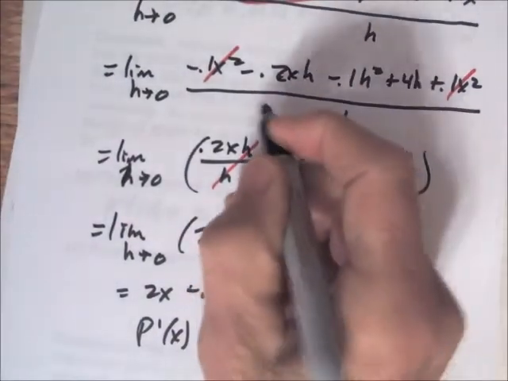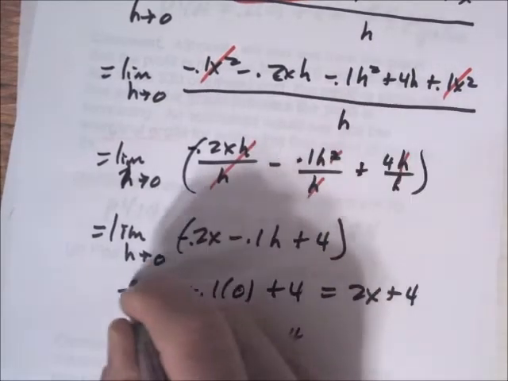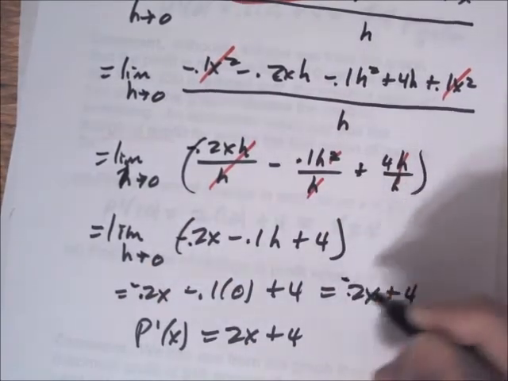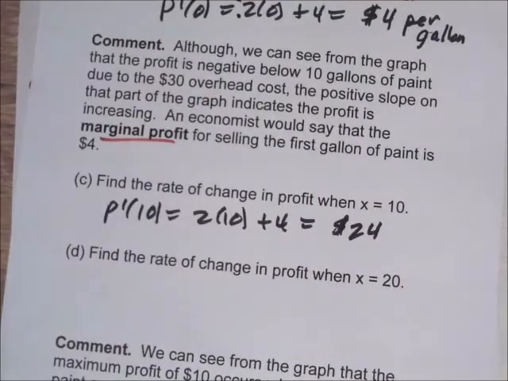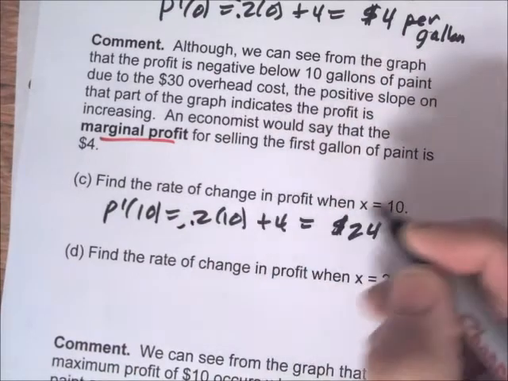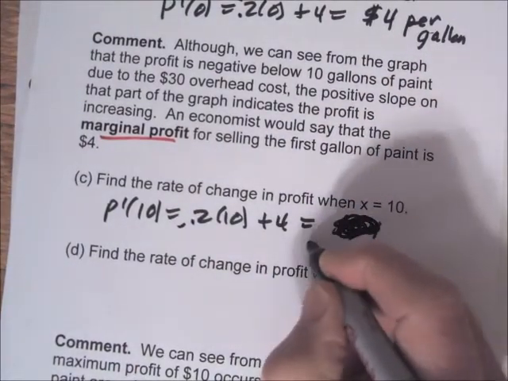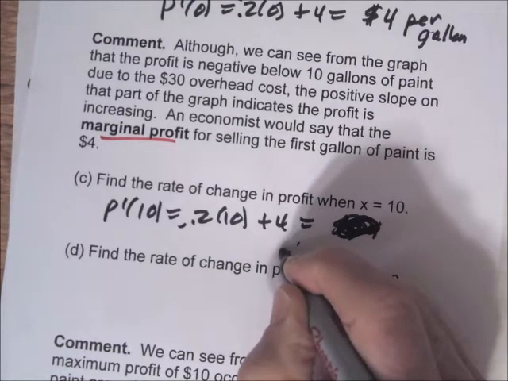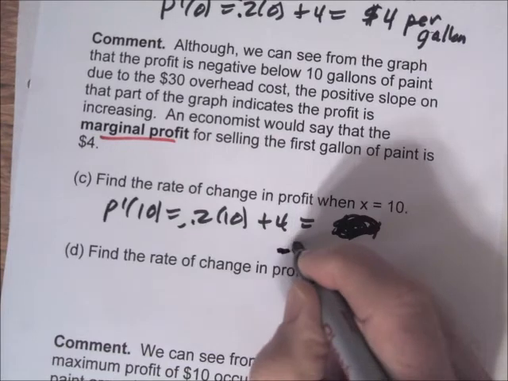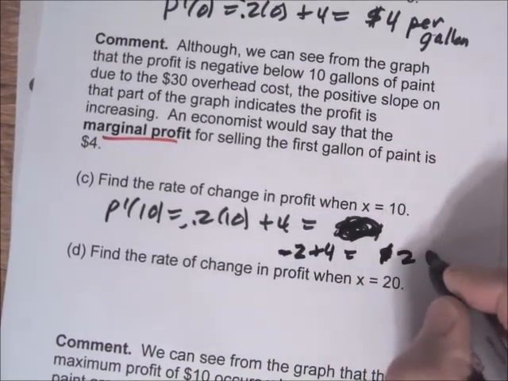This should have been a minus 0.2 here. Okay, so this is going to be minus 0.2 times 10, so it's going to be minus 2 plus 4, which would be $2 per gallon.